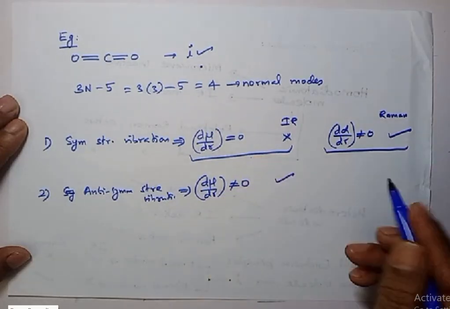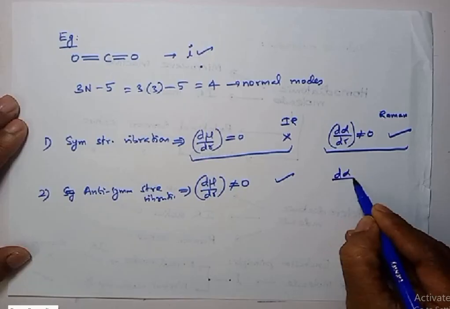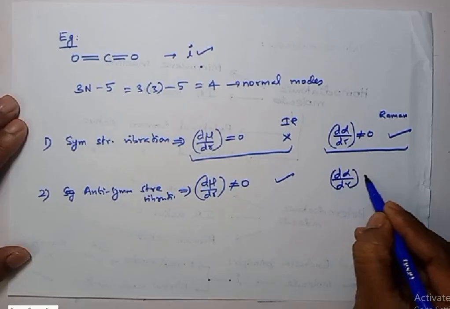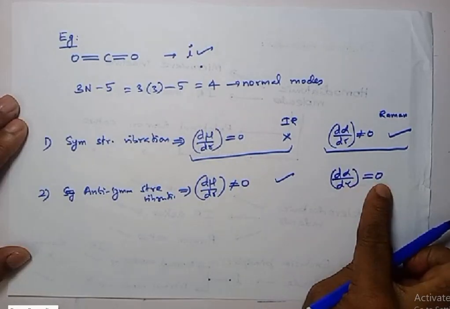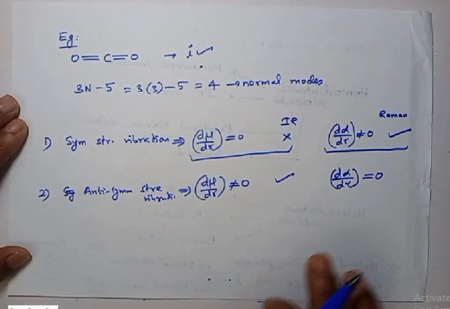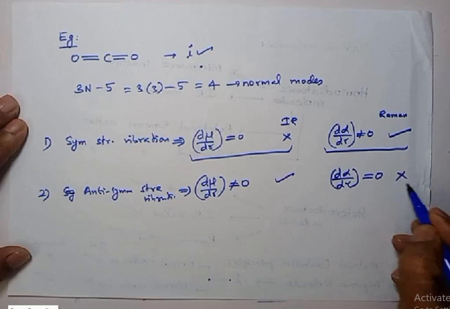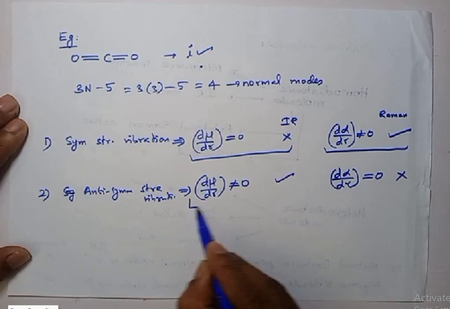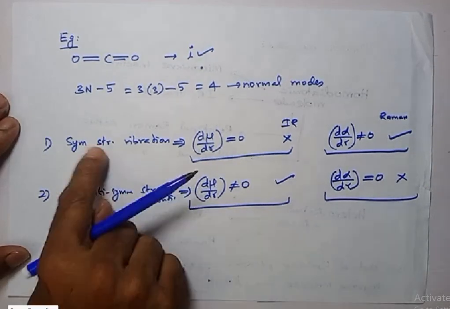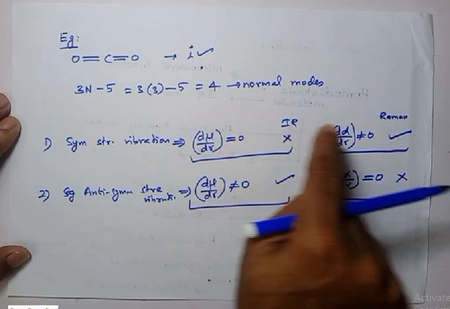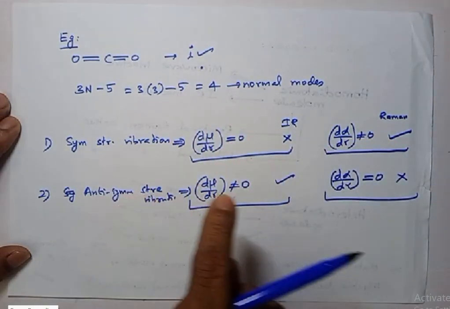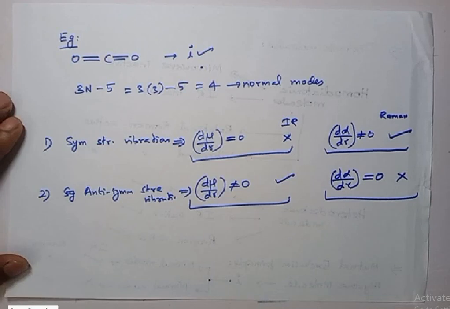Whereas during the vibration, the polarizability does not change. 0 means no change. Since polarizability is not changing, this vibration is Raman inactive. So the vibration which is IR inactive is Raman active, and the vibration which is IR active is Raman inactive.